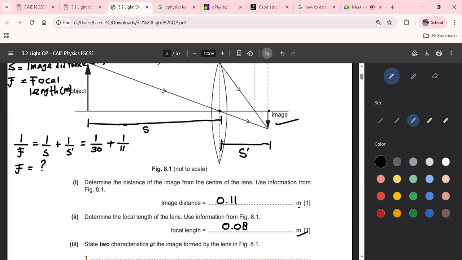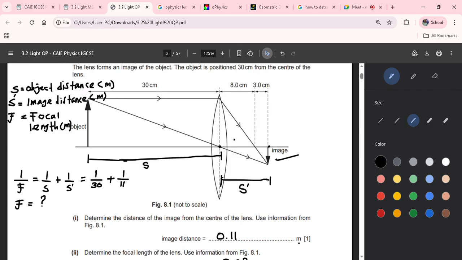Next one, state two characteristics of the image formed by the lens. This is the image formed by the lens. Can you mention the characteristic of the image? Is it smaller than the object, or bigger, or diminished? Which one? Object is like this, image is like this.